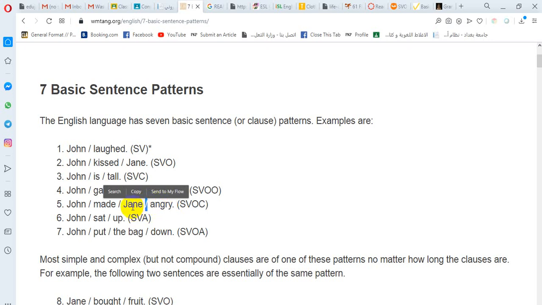For instance, say John is angry. So here "angry" is what? A complement, because as I told you, a complement can be a noun. If I have, for instance, John made Jane a teacher, Jane a teacher, here Jane is a noun and a teacher is a noun. This is SVOC.